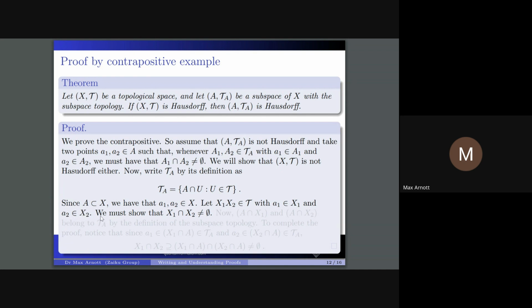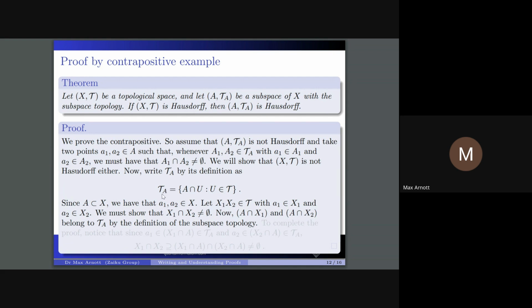So to prove that (X, T) is non-Hausdorff, we have to show that these necessarily have non-empty intersection. These are arbitrary sets X that we've picked from the topology, so it will show that it holds for all sets in the topology. Well, A intersect X1 and A intersect X2 belong to T_A.